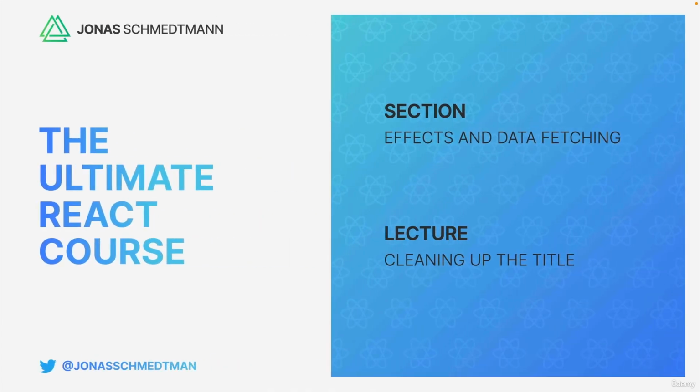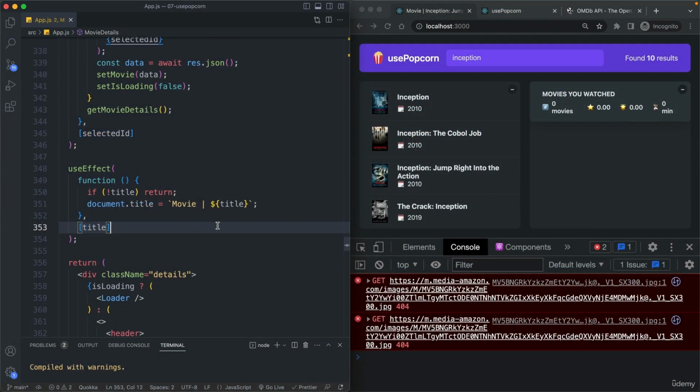So, with our knowledge about the cleanup function, we can now very easily solve the problem that we still have with our page title. So, remember that we need a cleanup function whenever the side effect that we introduced in the effect keeps happening after the component has already been unmounted.